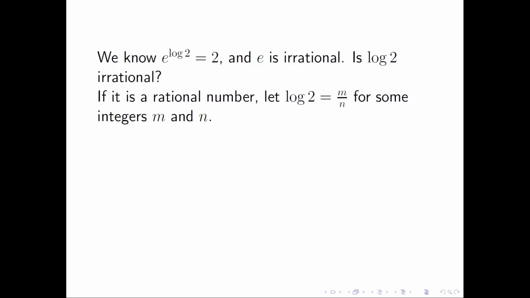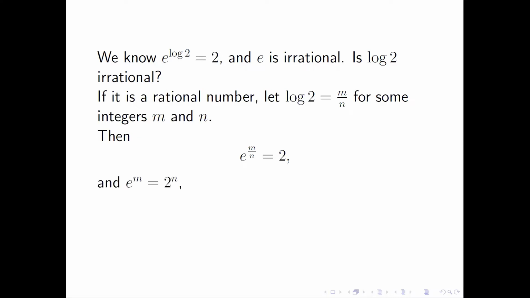Assume not, it is a rational number. Then log of 2 can be expressed as a fraction m over n with integers m and n. By the definition of logarithm, we have e to the power m over n equals 2.